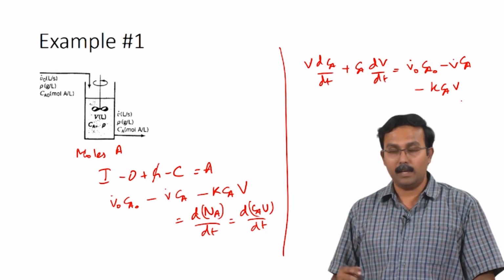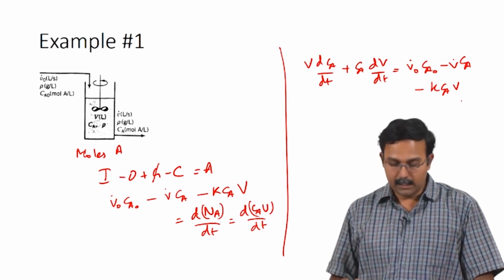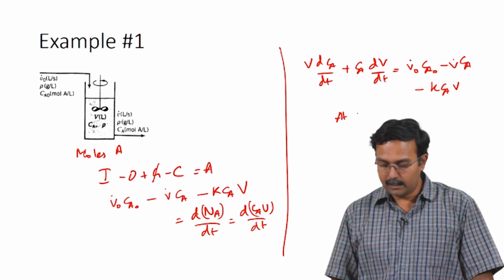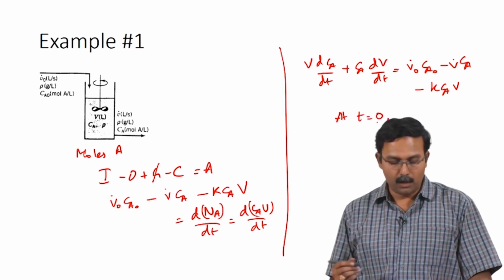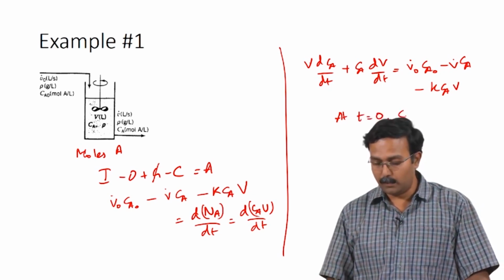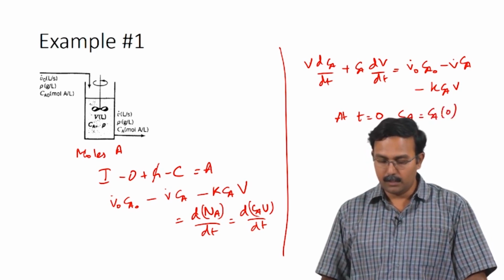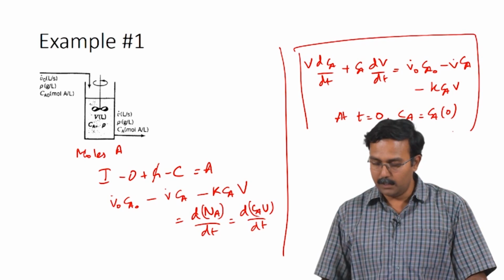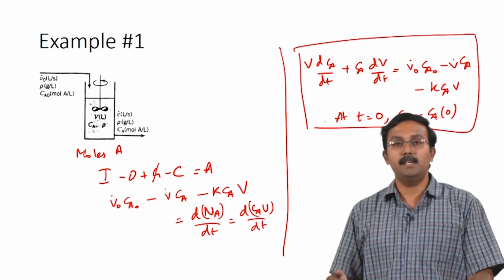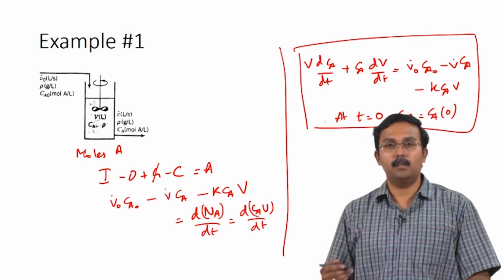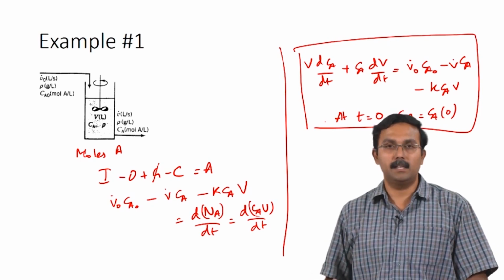Now, we also need to write the initial condition. At time equals 0, we do not know what the concentration of A would have been, so we can just say Ca equals Ca of time 0. This would be the initial condition. With this, we have the differential balance equation for number of moles of A and the initial condition.